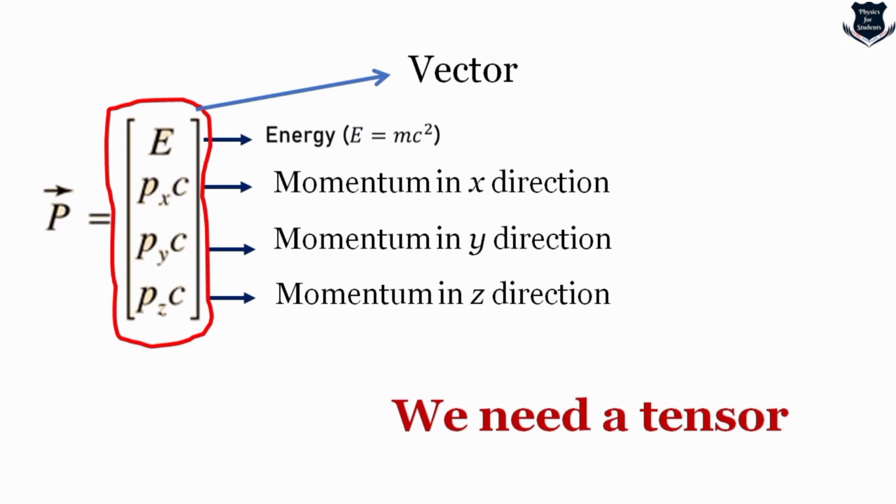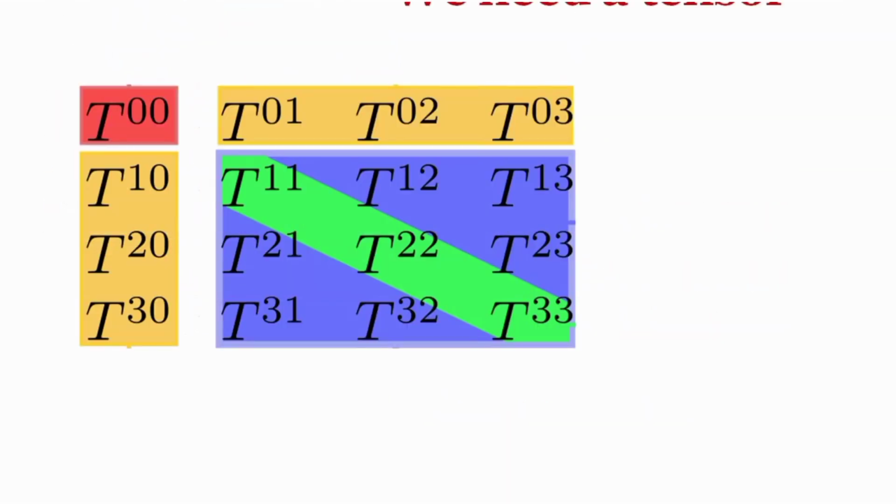Because if the coordinates change and the vector changes, it would become very difficult for mathematicians to discover and further explore the formulation. So we need a tensor. The reason is that we need to formulate everything in such a way that in spite of those arbitrary vectors and arbitrary spaces, we still find the formulations.